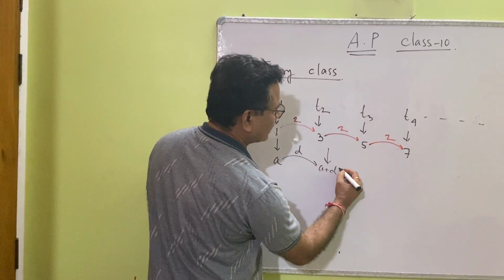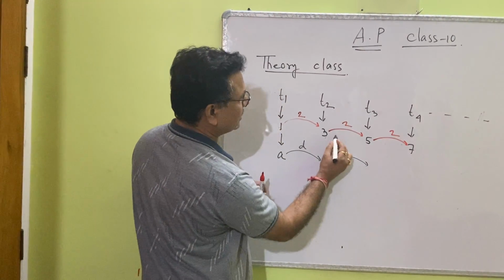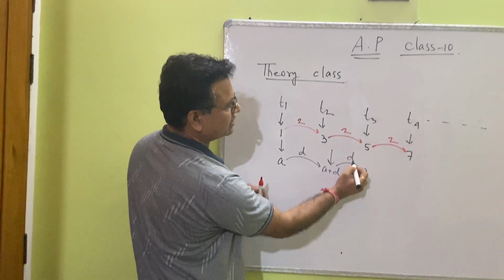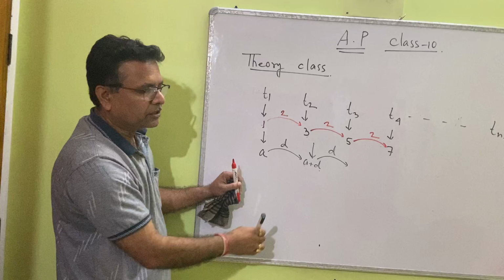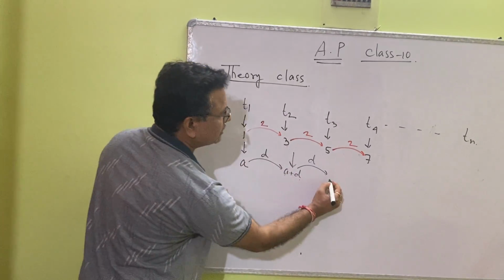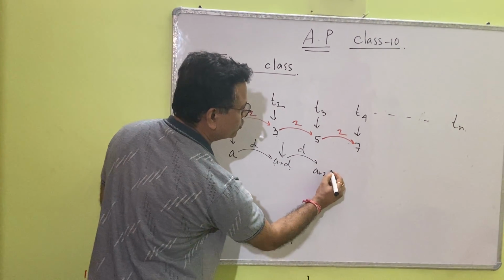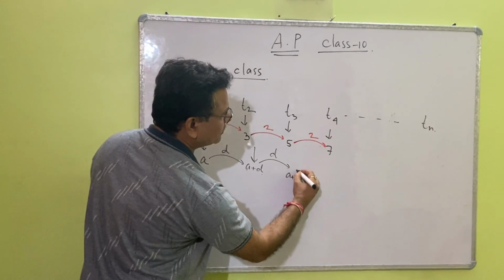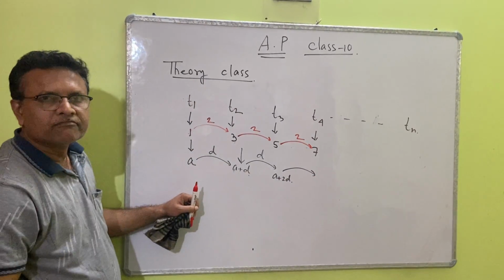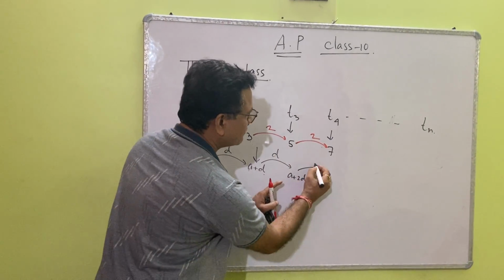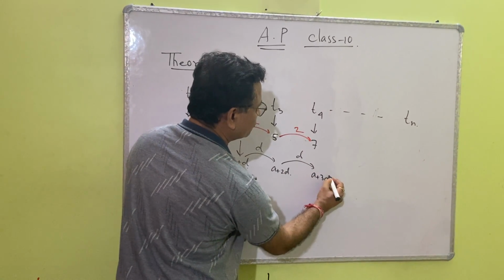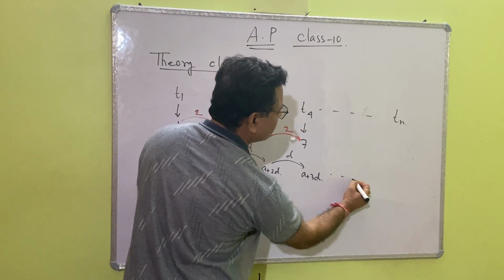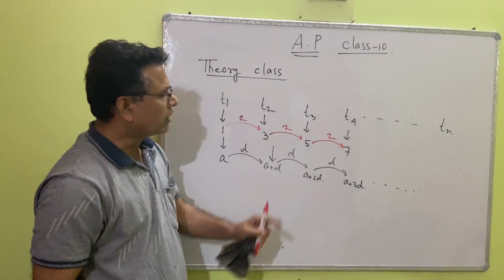Now with this, again I will add the common difference, that is D. Then with A plus D, if I add again D, then I will get A plus 2D. Again with this A plus 2D, if I add again D, then I will get A plus 3D. And in this way the process will proceed.